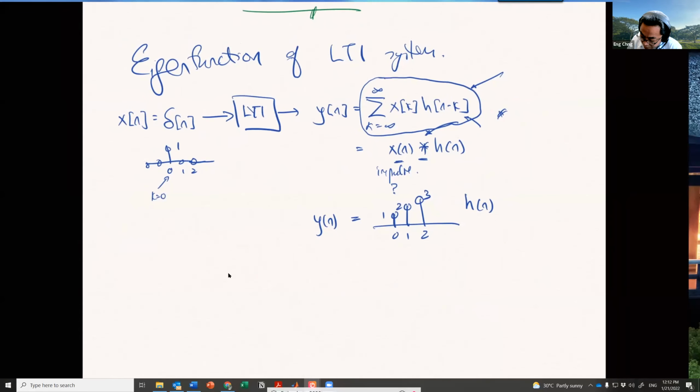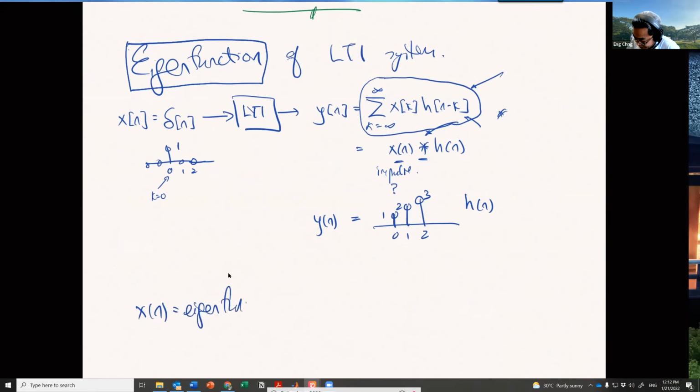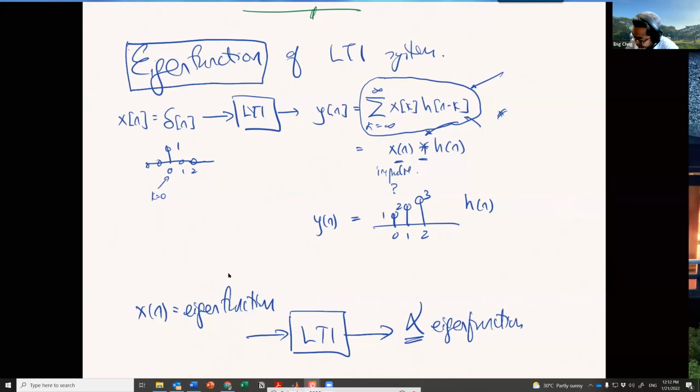But there are special functions. There are special functions such that when I have x of n equal to an eigenfunction, and I don't tell you what it is first, but you can guess very soon, then actually it is the same function, scaled and phase shifted.